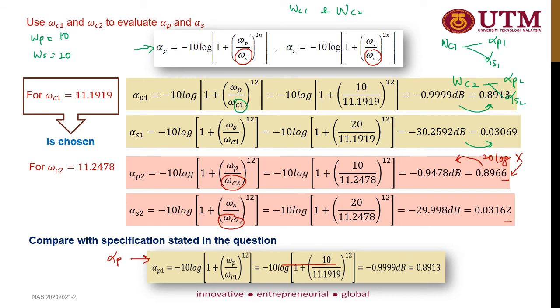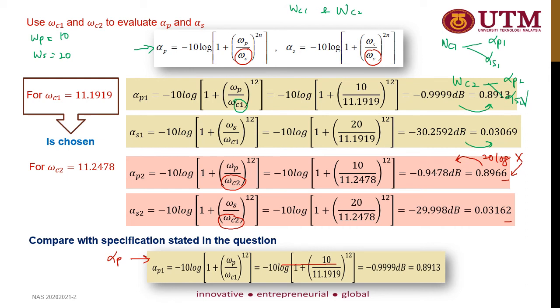Okay, that's why I think it will be very good to have your dB values converted into linear values, to ease comparison. Okay, so check one by one. So the alpha P must be in between 0.891 to 1. Okay, so using omega C1, you get alpha P equal to 0.8913. So it fulfills the requirement because it lies between 1 and 0.891. So we tick that one.